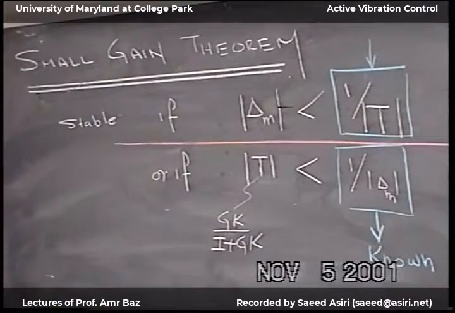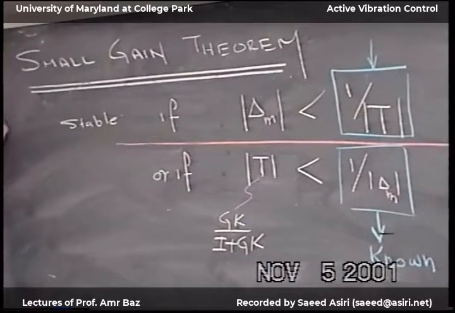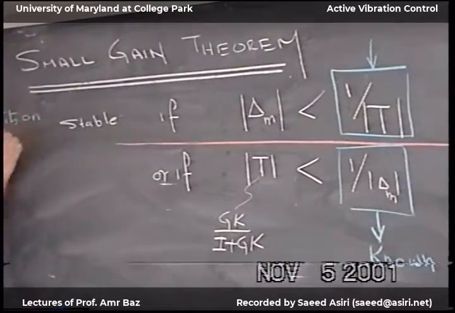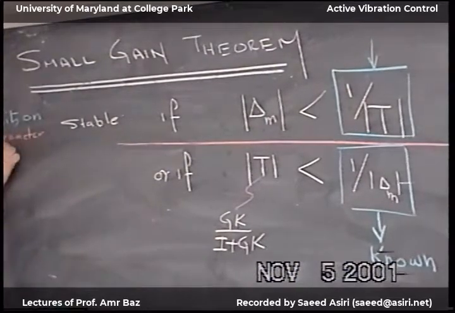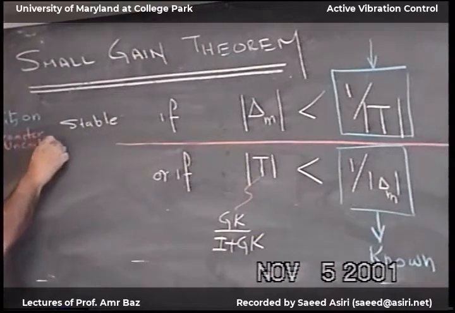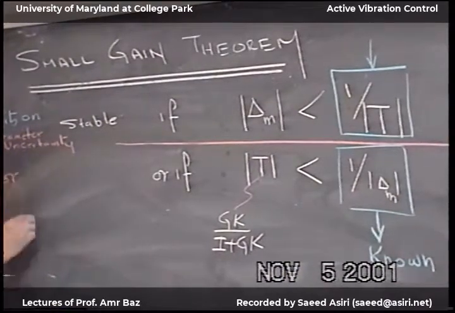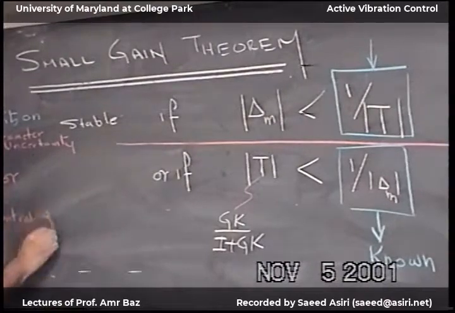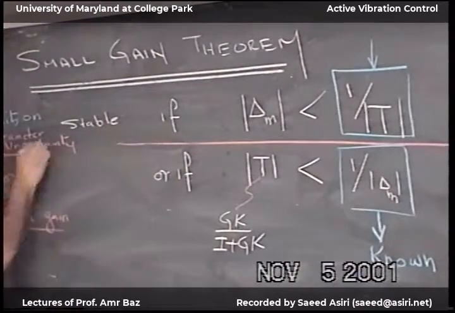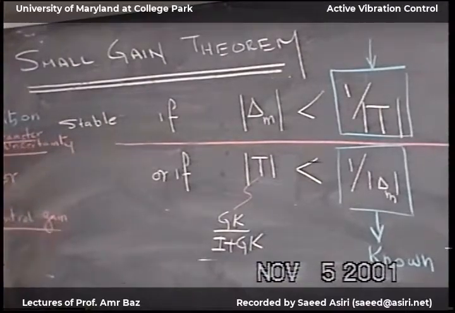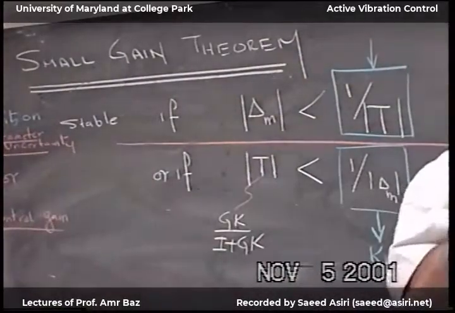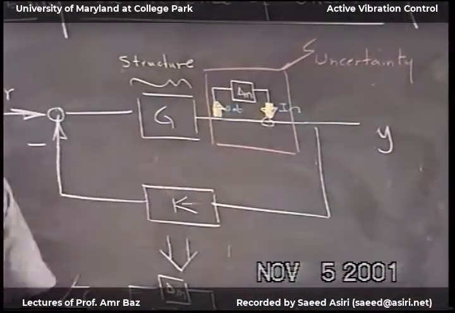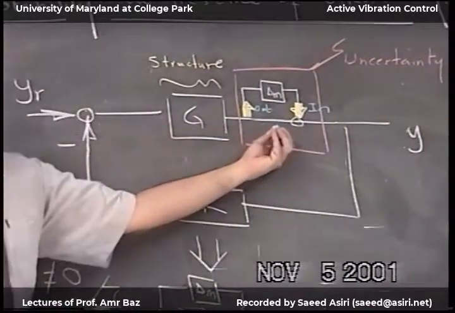So here are the bounds or the limits on parameter uncertainty or control gain. And from all this, we see that the uncertainty acts as if we have an external disturbance acting on the structure. Exactly, this acts as the disturbance W.